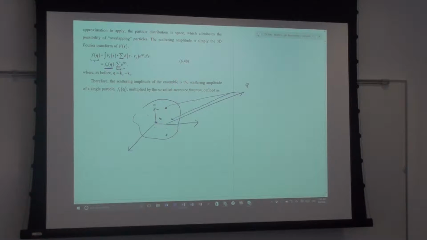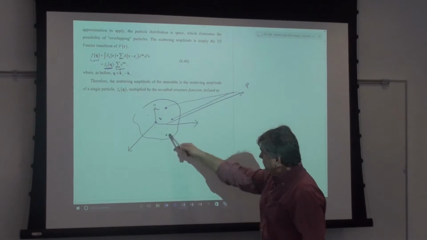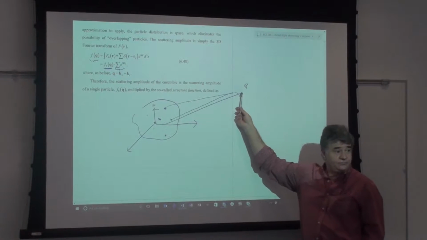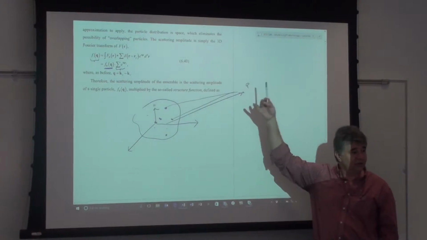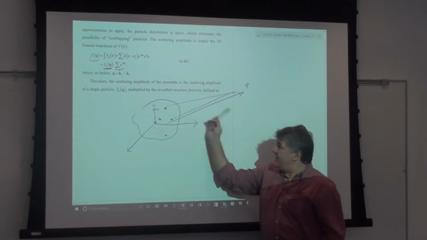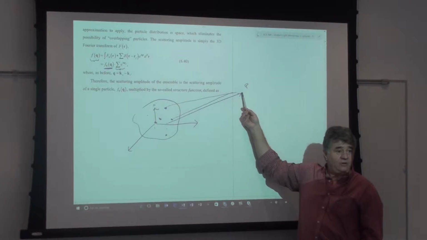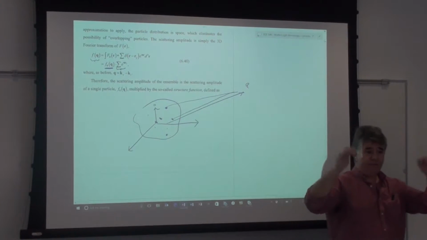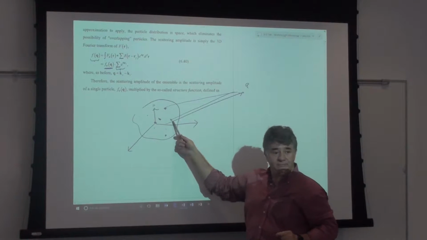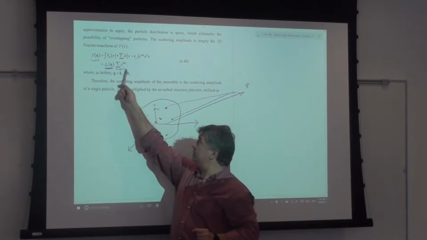This another phase delay. This another phase delay. It is an interference between all these plane waves that add up, or I should say spherical waves, okay? But in far field they become kind of plane waves. They add up coherently, they interfere at this particular point P. But they all have something in common. Why? Because they're identical. So they're all kind of scattered the same, except for these delays. You see? That's what this thing means.